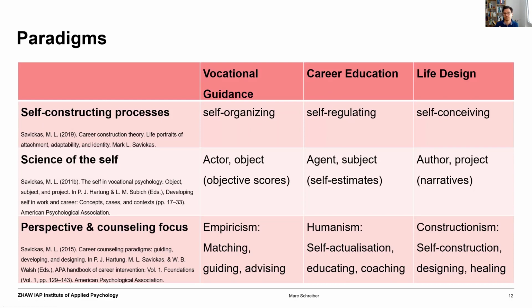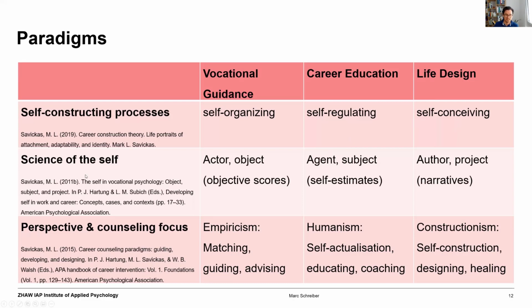Here people have their own goals. They want to achieve goals, they want to complete or integrate their interests and motives, and they go through a self-regulation process in order to achieve their goals. And the life design process is self-conceiving. So people or clients, basically, construct their narrative.